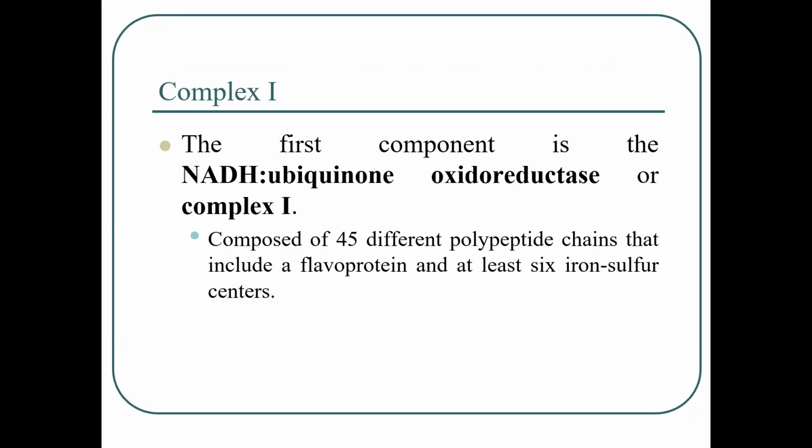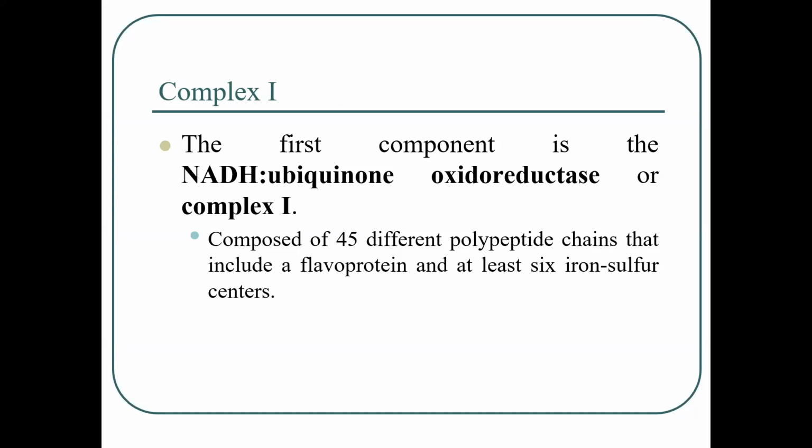So the first complex is the NADH dehydrogenase, also known as the NADH coenzyme Q or NADH ubiquinone oxidoreductase. This is composed of 45 different protein subunits.